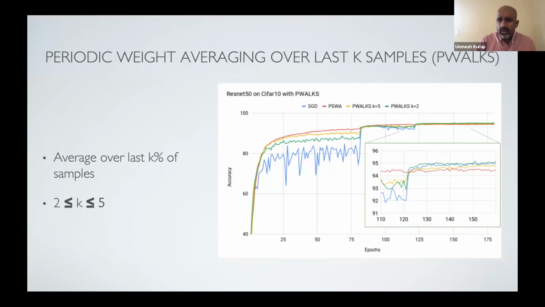When you compare the curves for PSWA and PWalks with different k values, you start to see that not only are these techniques doing really well initially compared to SGD, but towards the end, they're also getting accuracies that are just as good as SGD, right? In some cases even better, but not statistically significant. So now we can say we're not compromising on accuracy to get performance that is in some ways better.